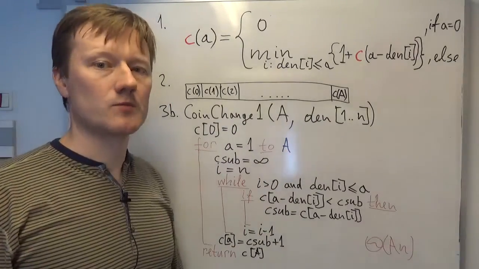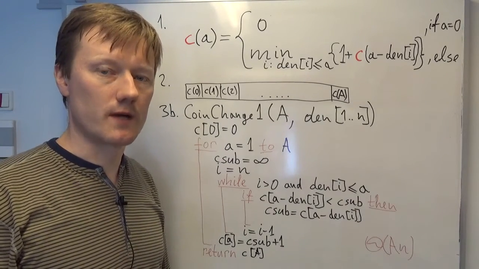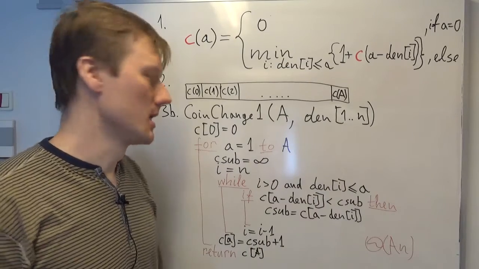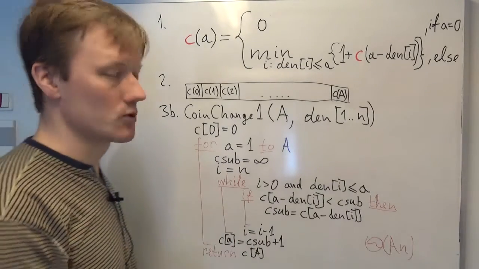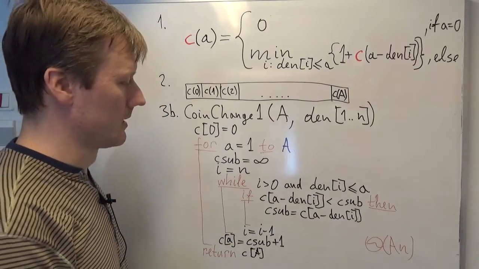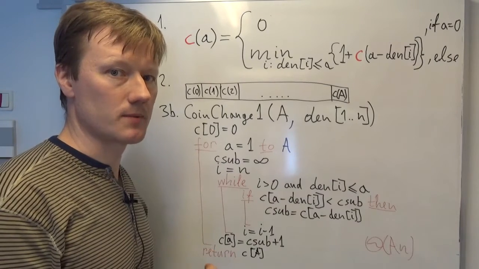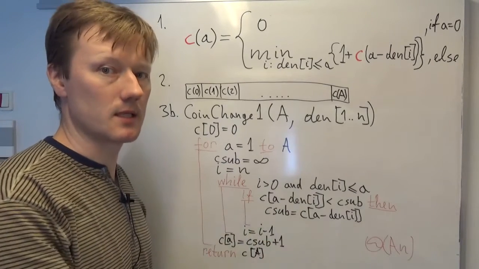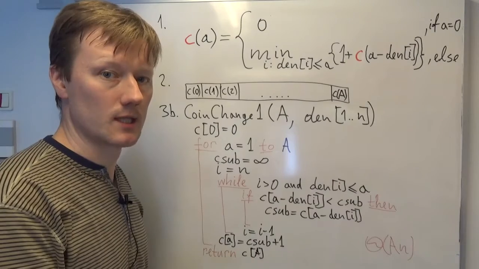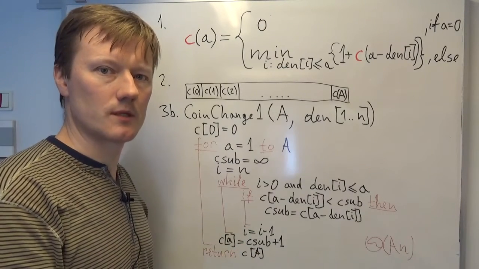Once we have an algorithm to compute the optimal value of the variable that we want to optimize, we can augment the algorithm usually in quite a simple manner by adding some lines to remember the choices that lead to this optimal value. And this will enable us later to construct the actual solution that corresponds to the optimal value that we found.